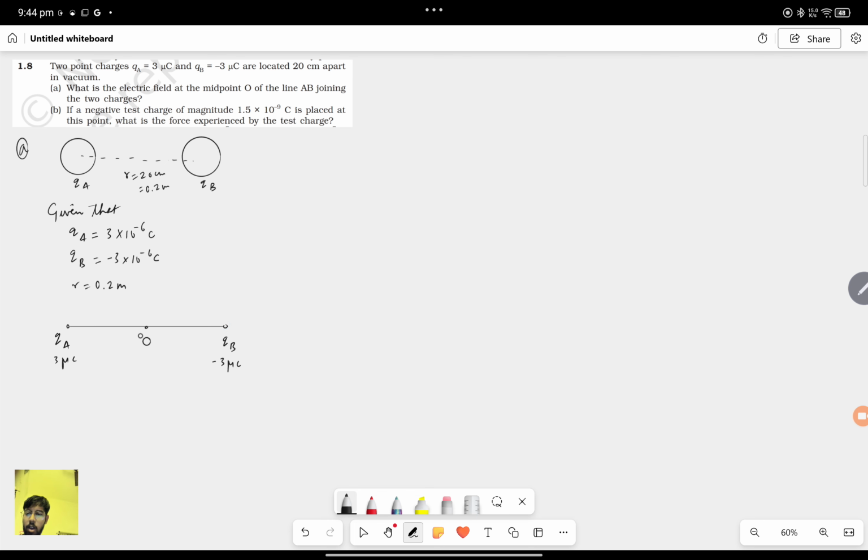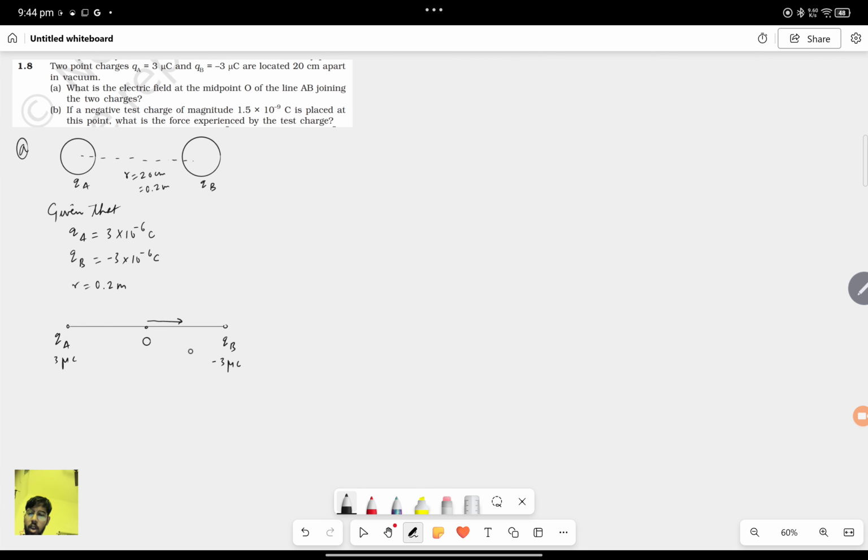So what is happening at this point O? The electric field at this point O due to QB is toward QB, because this is a negative sign.